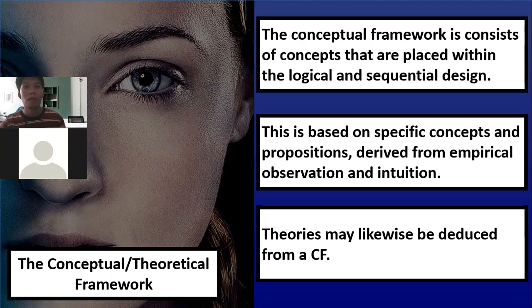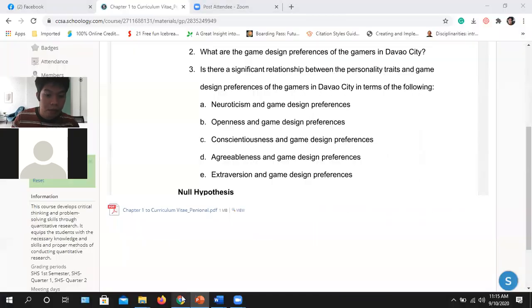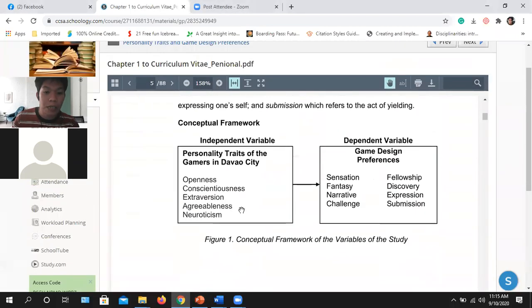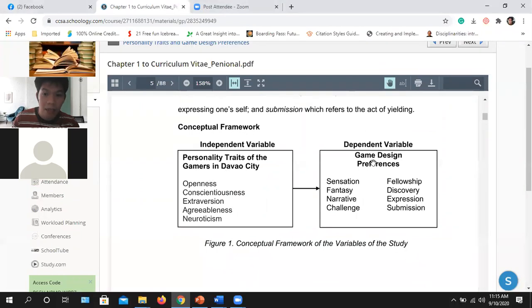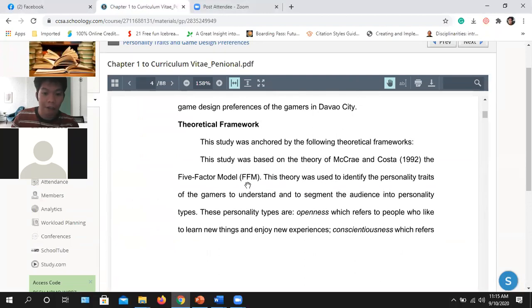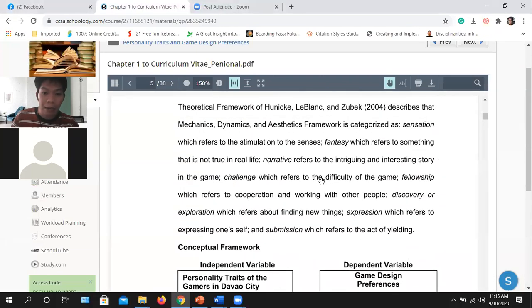You can also use the theoretical framework and conceptual framework when you write your related literature. For example, in this study, the concepts are personality traits and game design preferences, and the variables it will use are the 5-factor model and MDA.